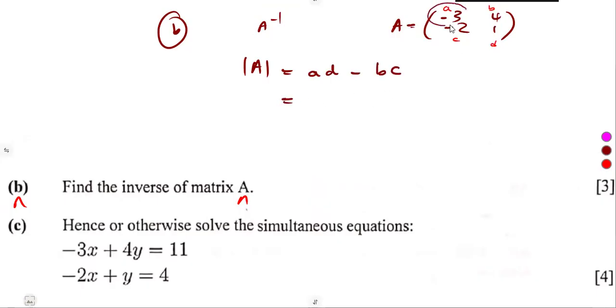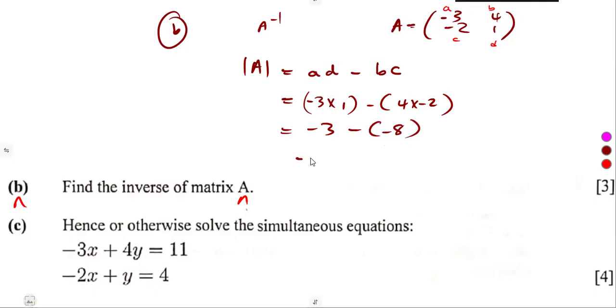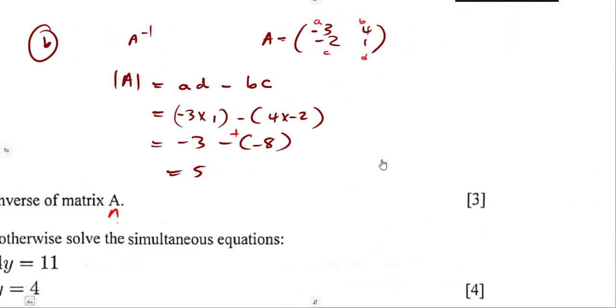So you multiply ad, minus 3 times 1, minus bc, 4 and -2. So that was -3, -8. So that's a plus here, which was going to be 8 minus 3, which is 5. We have the determinant.